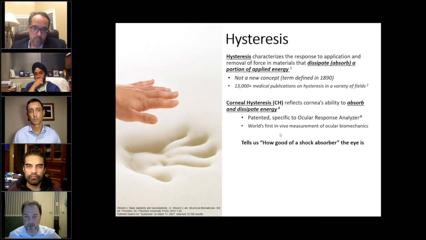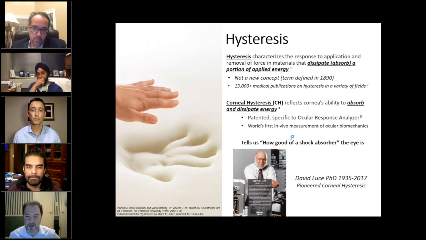If you want to boil it down to a simple understanding, it's telling us how good a shock absorber the cornea and the other tissues of the eye are. Dave Luce, who's not with us any longer, pioneered this issue, discovered the measurement of corneal hysteresis, and really gave the world this gift. So I always take a moment to thank Dave and remember him for all of his work.